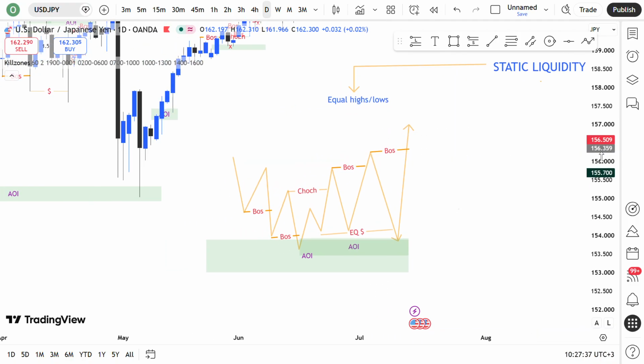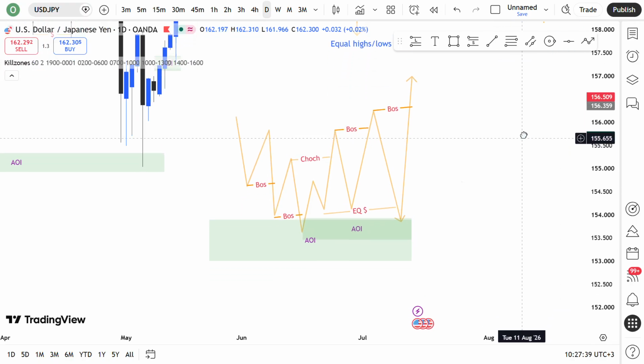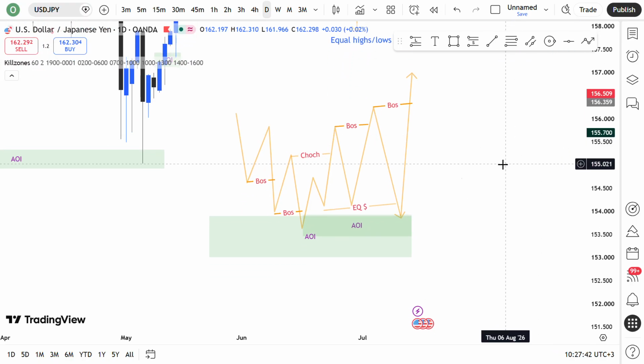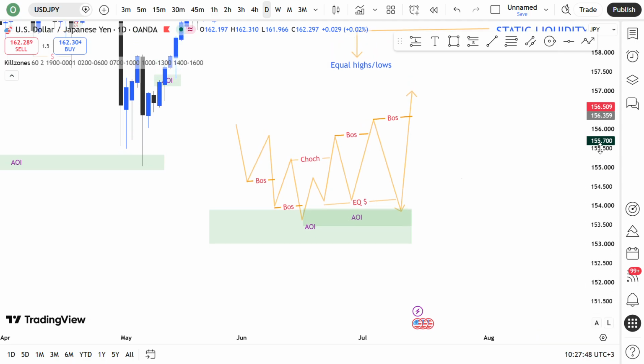Normally we can do a top-down analysis, and on a higher time frame we can clearly spot an area of interest, maybe a point of interest that we expect the price to be rejected from. Maybe the market is on bullish momentum, and now there is a retracement coming into an area of interest.